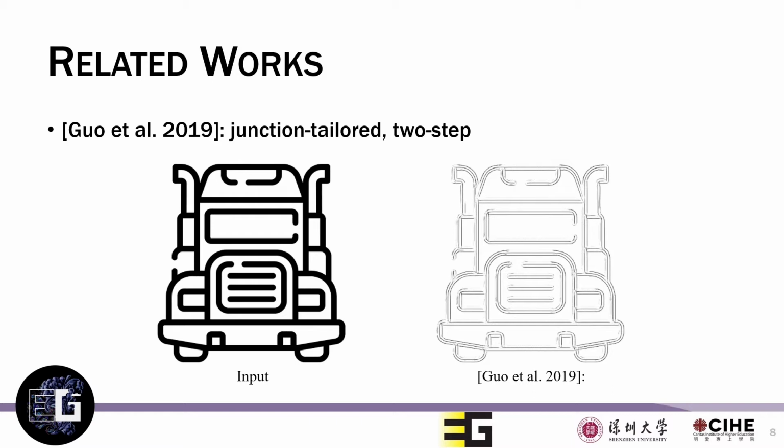Their model architecture is unable to handle very thick strokes. The first reason is that the skeleton extraction model has a limited receptive field and cannot handle thick strokes well. The second reason is that the junction of thick strokes will confuse their line ordering model, so the topology reconstruction will also fail.